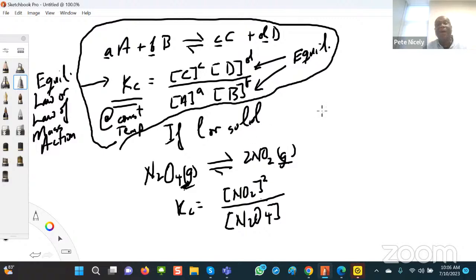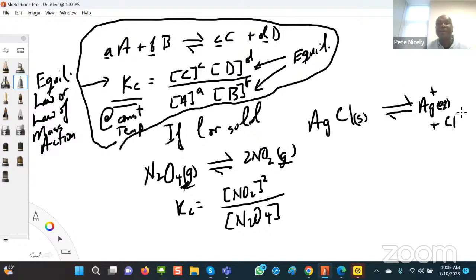But anyway, now let's say, for example, you have a good example: AgCl solid in equilibrium with Ag plus aqueous plus Cl minus aqueous.